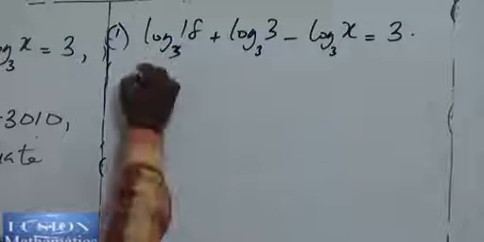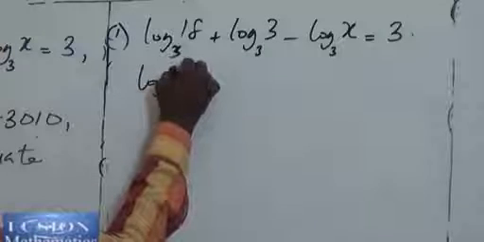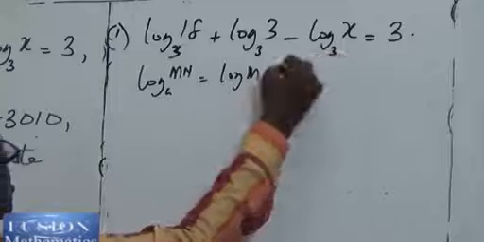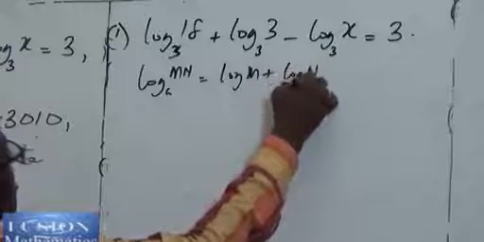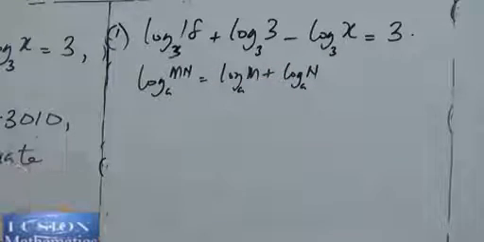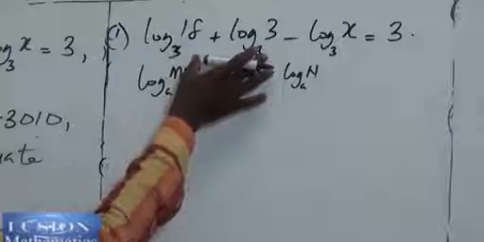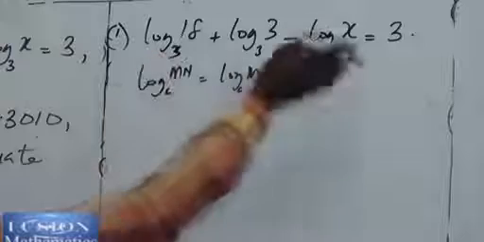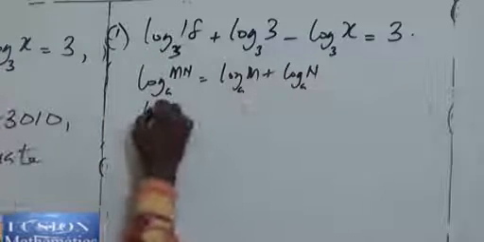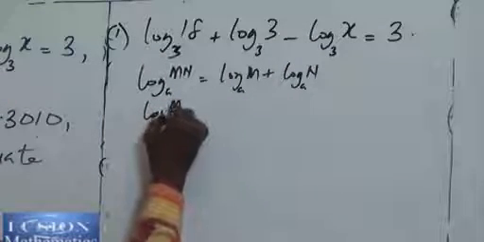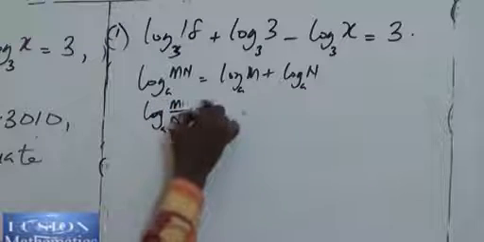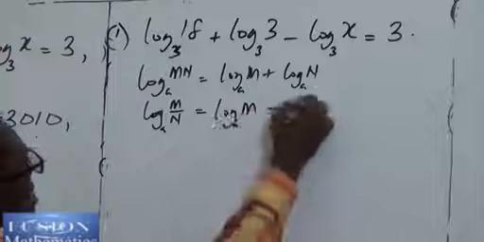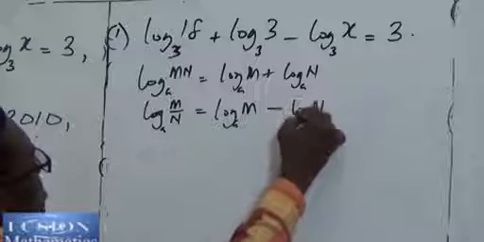Recall that log mn base a is equal to log m plus log n base a. So that means if we have addition, it can be taken to multiplication. Then also the second law, which is log m all over n base a is equal to log m base a minus log n base a.